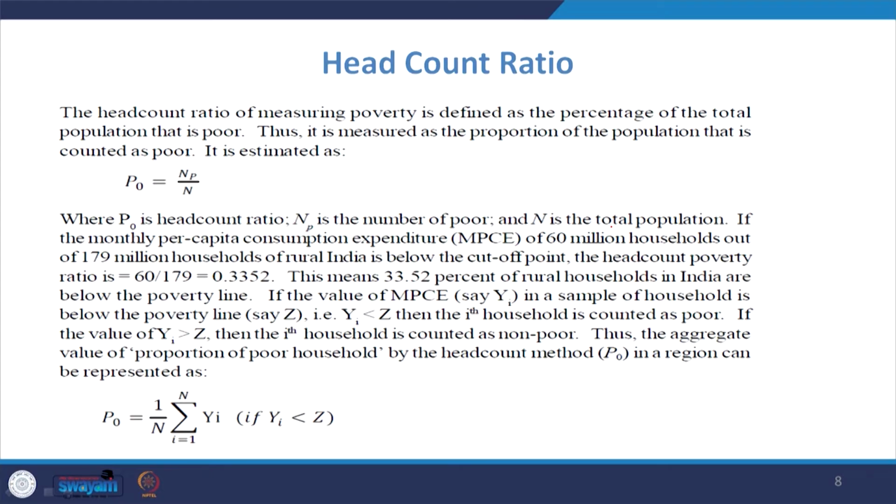So, if yi is lesser than z, then the ith household will be counted as poor, and in this way we can get the aggregate value of persons living below the poverty line. The simple formula is P0 equal to 1 upon n, sigma i equal to 1 to n, indicator of yi lesser than z, which means we count only those households whose per capita consumption expenditure is lesser than z.